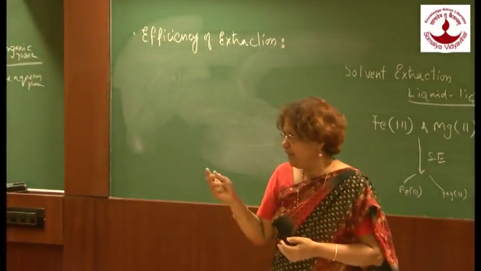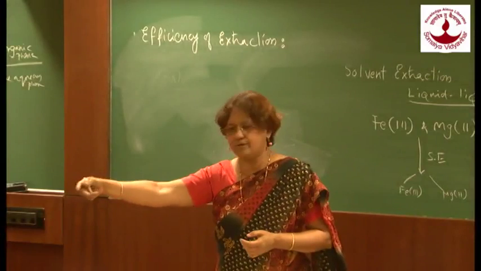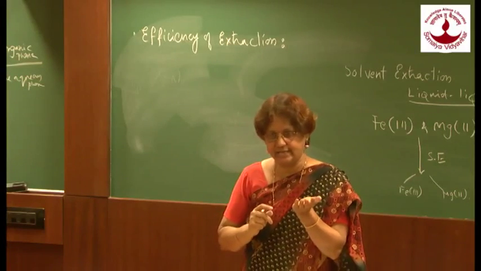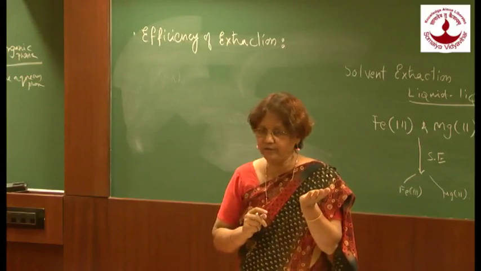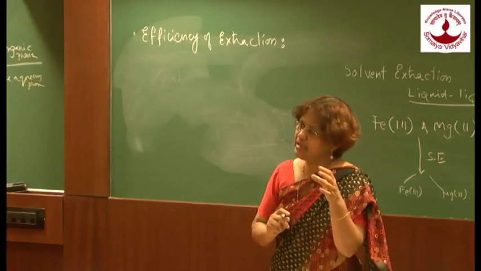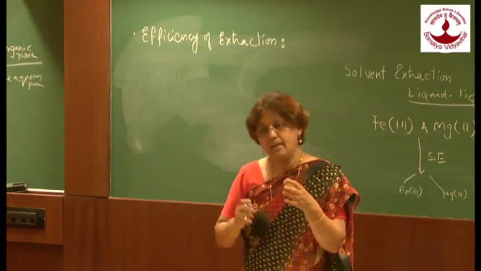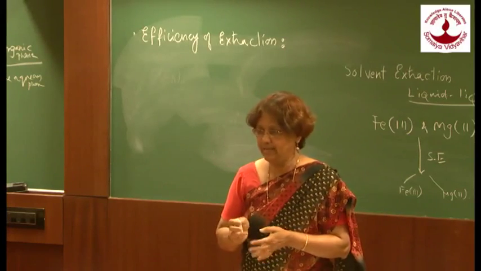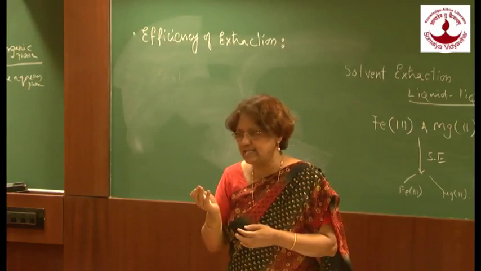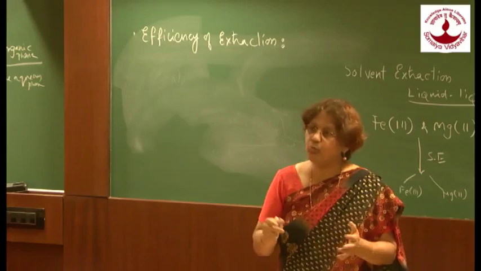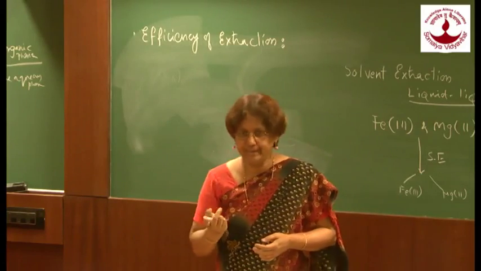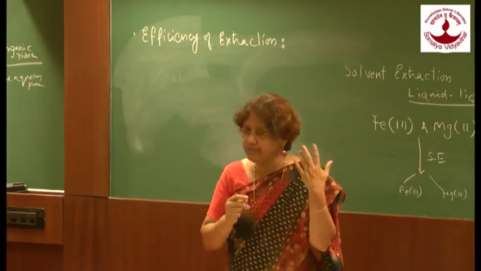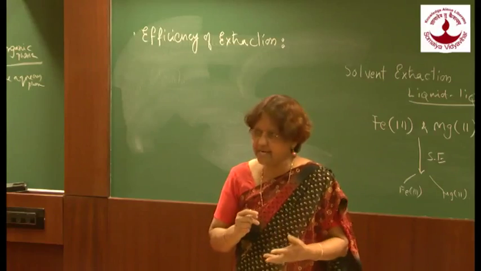When we do research work in solvent extraction chemistry, we know that the metal is undergoing extraction, but whether it has gone 100% or not, we do the estimation in the organic phase, and the remaining aqueous phase is also tested for the presence of the metal. If it is present, that means quantitative extraction has not happened. If it is present, to what extent it is present is also determined. So efficiency of extraction we can talk about in terms of the amount extracted or the amount remaining unextracted.